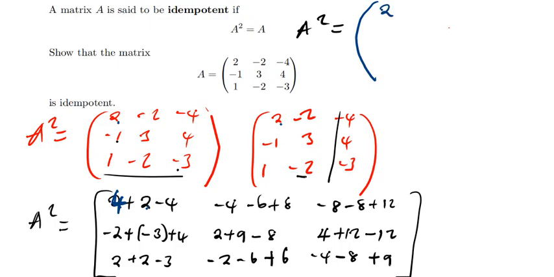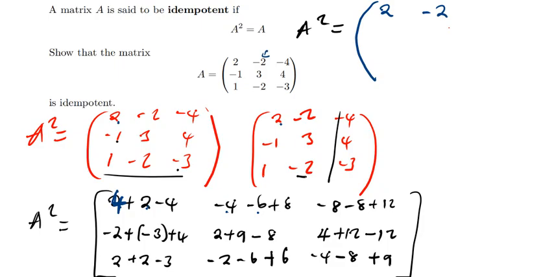Now it's making sense. Let's go to the second one. So this and this is negative 10. Negative 10 plus 8 is negative 2. That's okay, because I have negative 2 there.